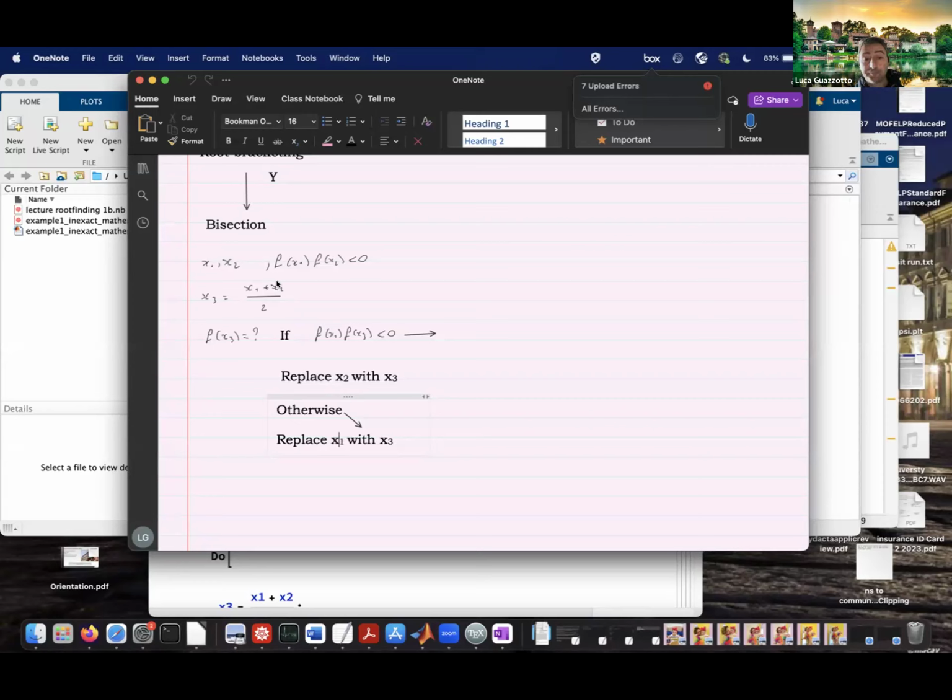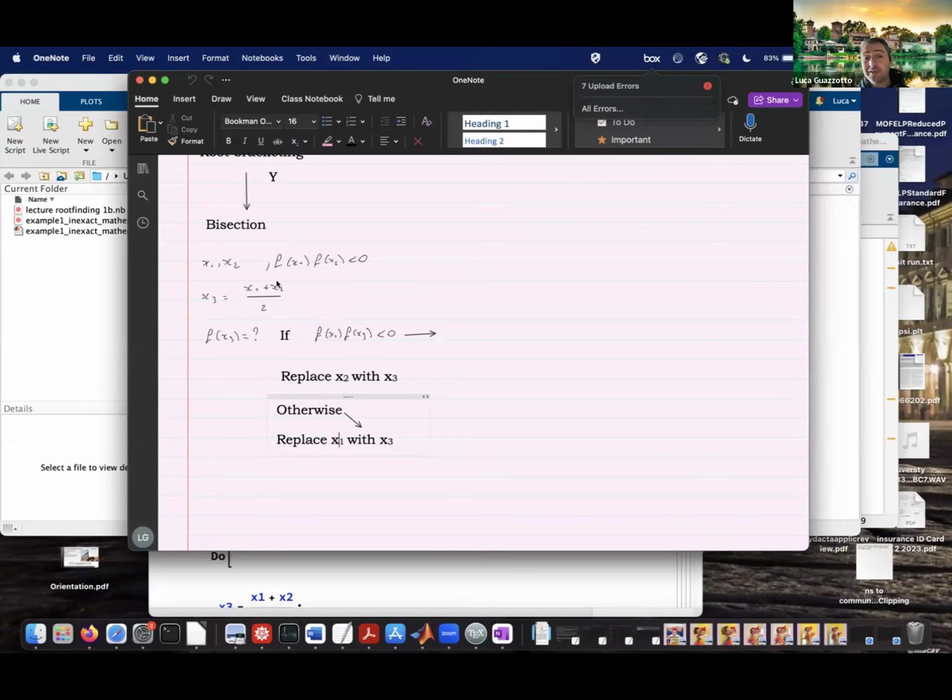In fact, you may have noticed that in my little code here, I've not included the option, what if f of x3 is exactly 0? That just doesn't happen. It's not even worth worrying about putting it in the code.